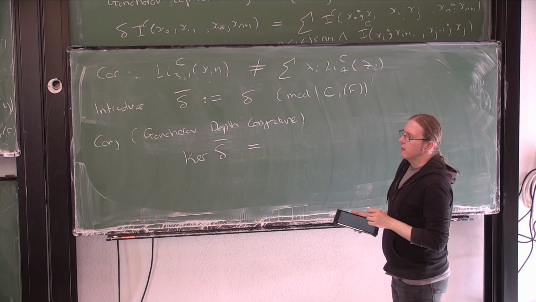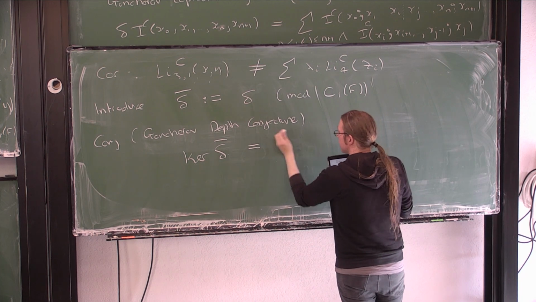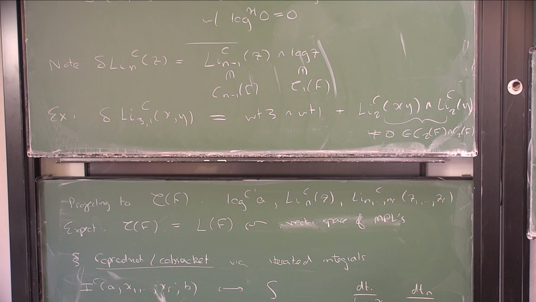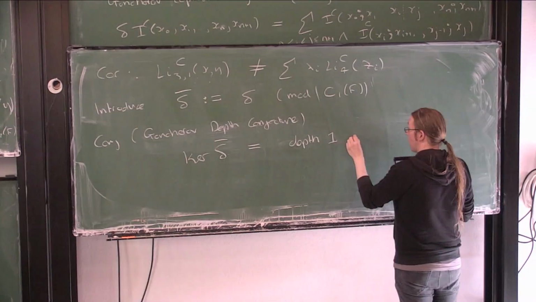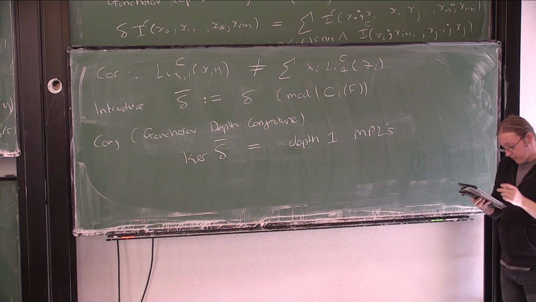I didn't introduce any notation for that. You called it L earlier. Oh no, sorry, that was for all of them. I don't want to use notation for depth filtration. I'll just write depth 1. I think that's clear enough.